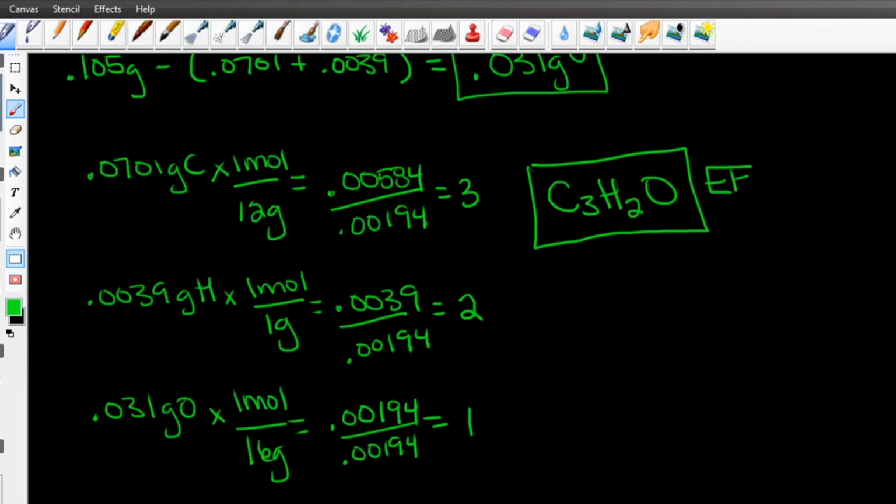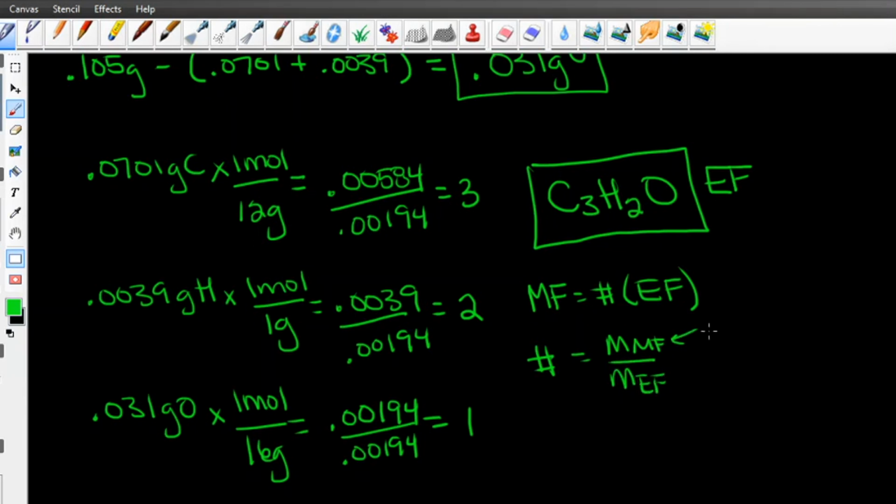Now, this is not the only thing that the problem was asking me for. The problem was also asking for a molecular formula. And we know that the molecular formula is some whole number times the empirical formula. And we get that whole number by dividing the mass of the molecular formula by the mass of the empirical formula.